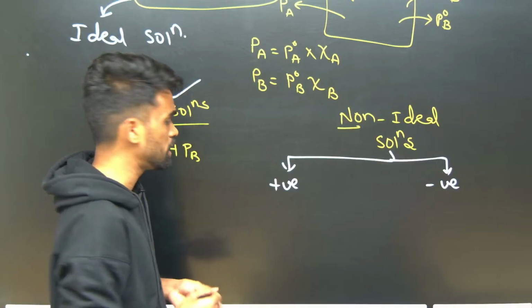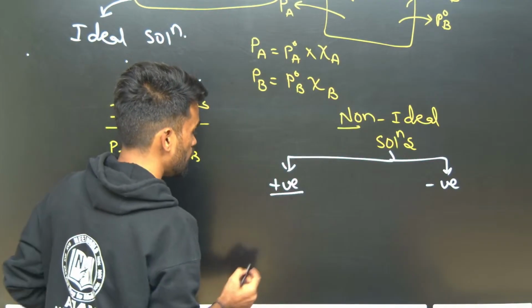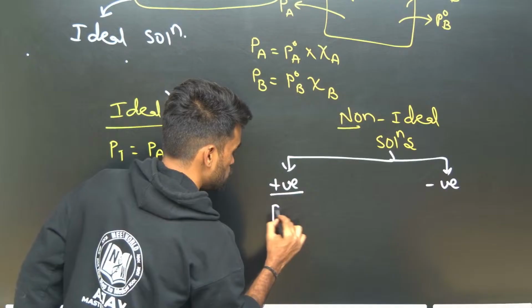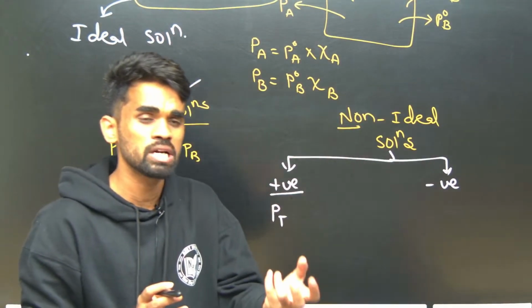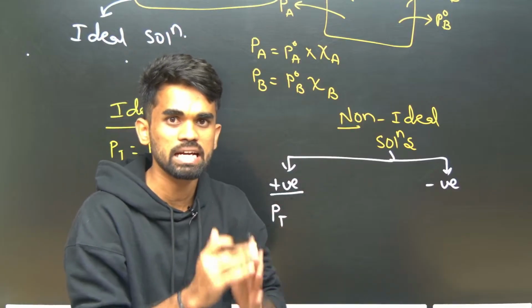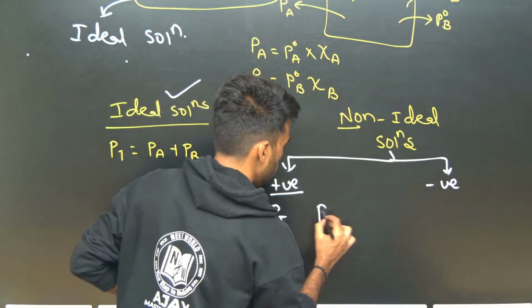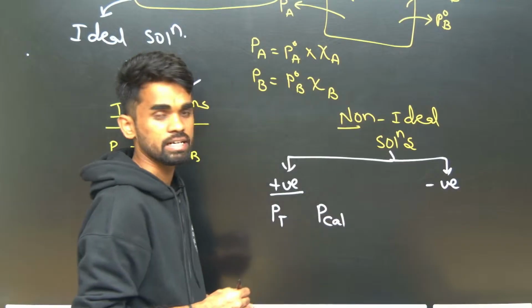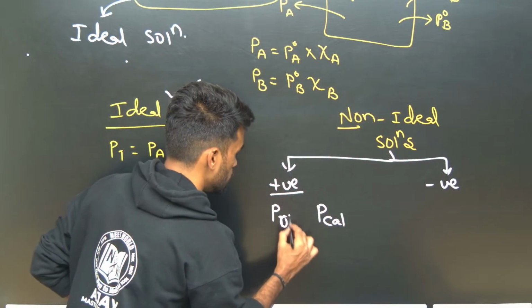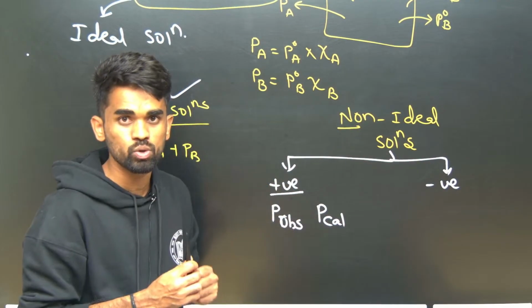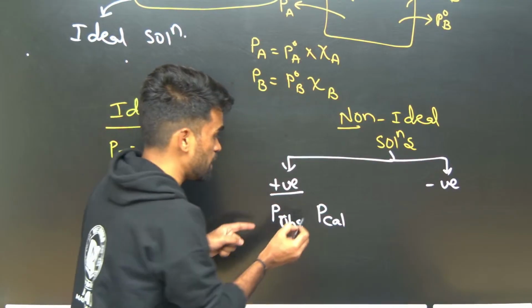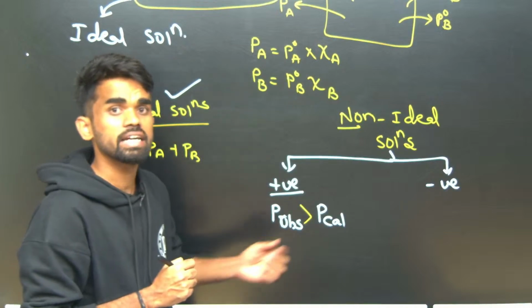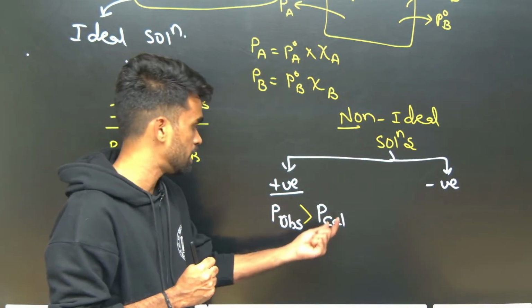But for these positively deviated solutions, we have the observed vapor pressure. If we calculate the vapor pressure of those components theoretically, that is P calculated, while P observed is practically observed by doing an experiment. The vapor pressure observed for that solution will be greater than its theoretically calculated vapor pressure.